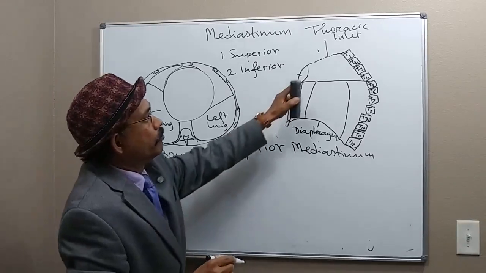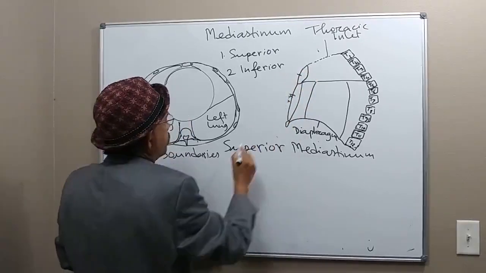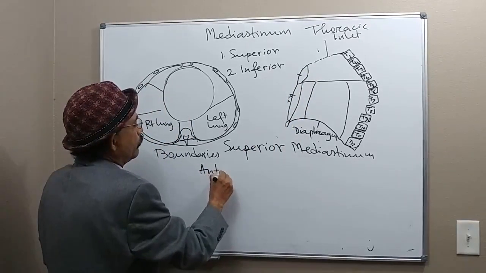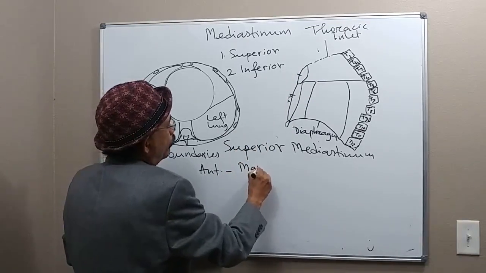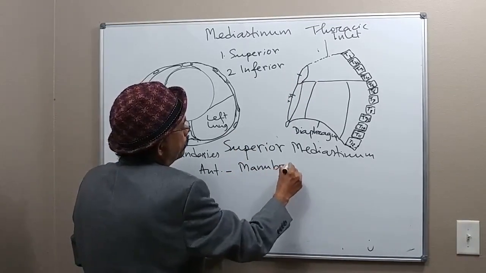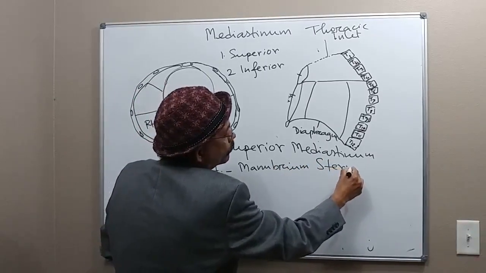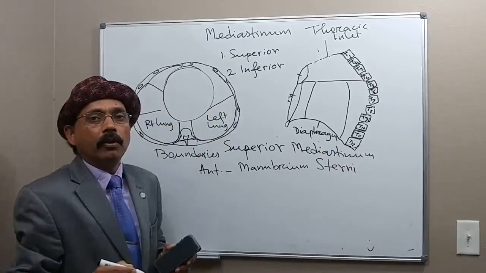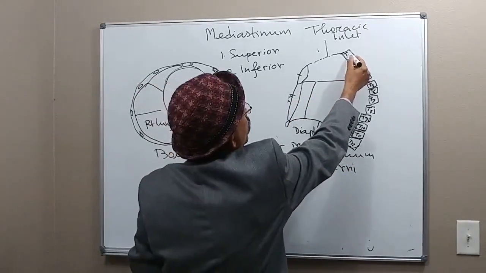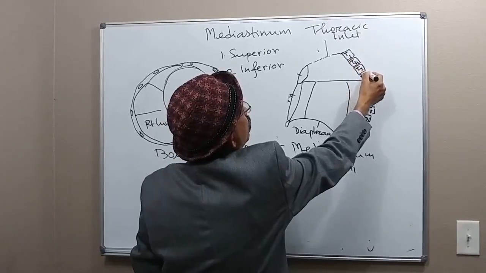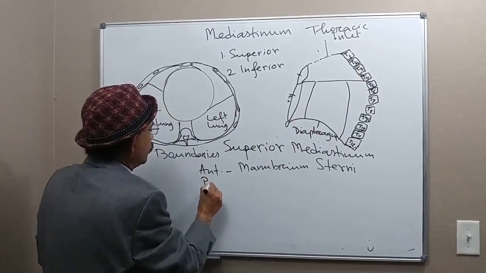It is bounded anteriorly by the manubrium sterni. The upper part of the sternum is called the manubrium.